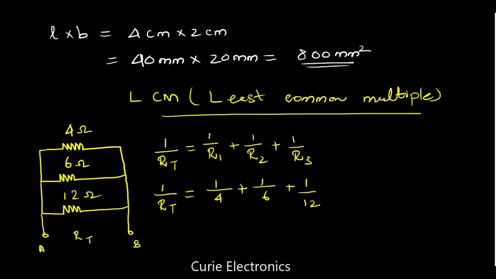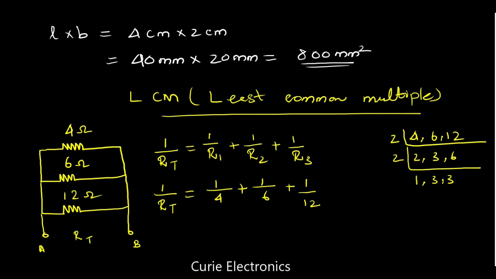So to simplify here you need LCM. How do you find the LCM? Whatever is there in the denominator, just write it like this: 4, 6, 12. Then divide with the minimum number, that is 2. 2 times 2 is 4, 2 times 3 is 6, 2 times 6 is 12. Again divide by 2: that is 1, 3, 3.